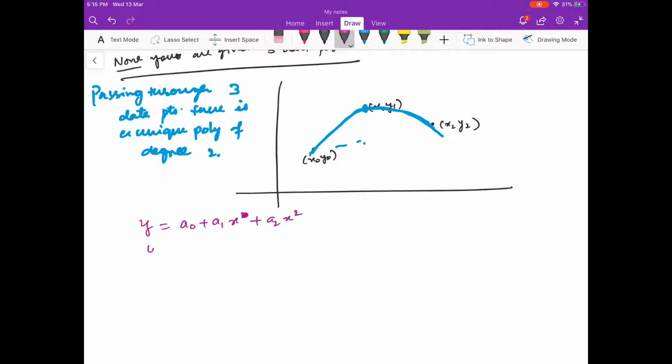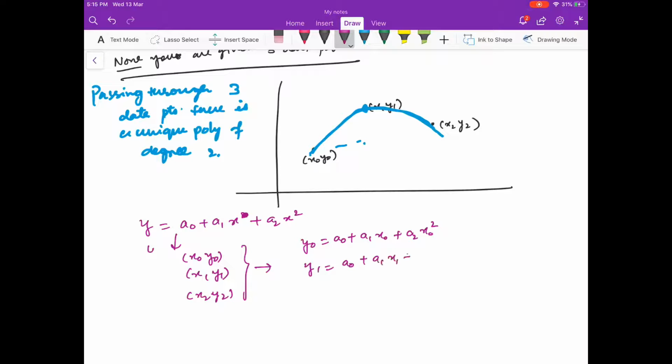Now you want this polynomial to pass through these points x0, y0, x1, y1 and x2, y2. It means that you want y0 is equal to a0 plus a1 x0 plus a2 x0 square, and y1 is equal to a0 plus a1 x1 plus a2 x1 square, y2 is equal to a0 plus a1 x2 plus a2 x2 square.